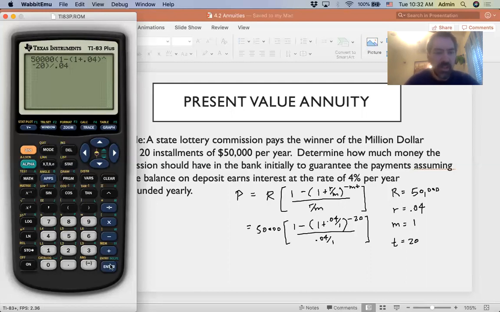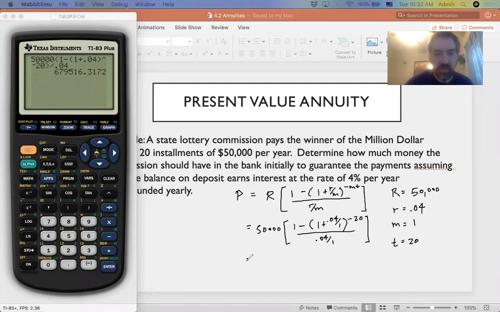And that gives us $679,516.32, rounded to the nearest cent. What is this telling us? This tells us how much the commission should have in a bank that will guarantee that they can cover that $1 million payment with 20 installments of $50,000 per year.